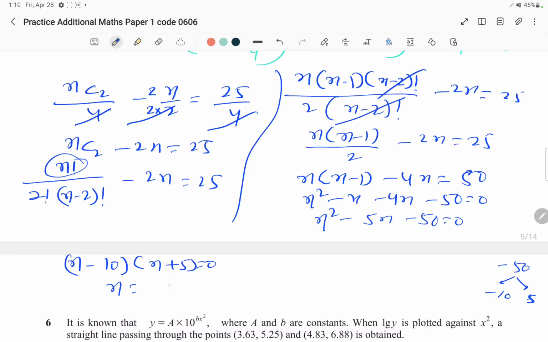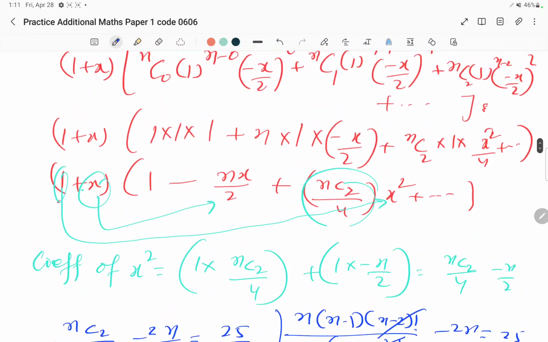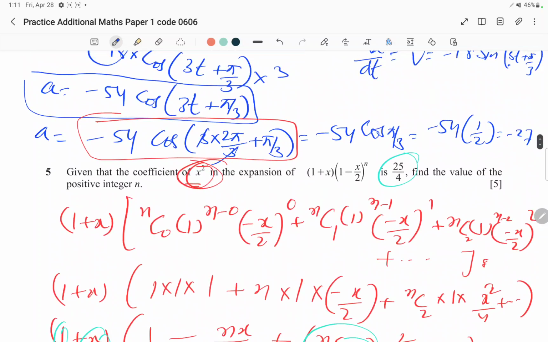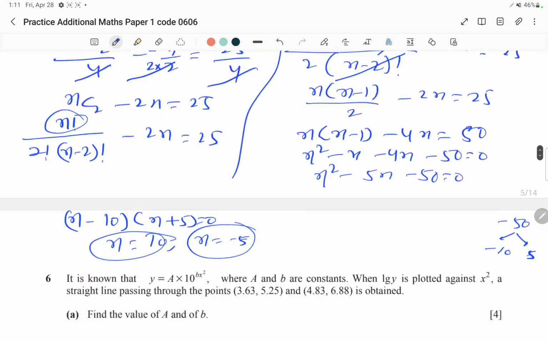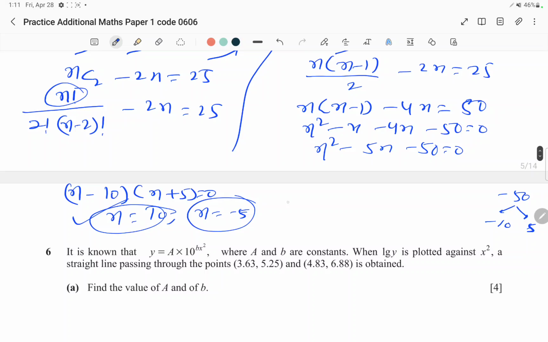So here n equals either 10 or n equals minus 5. Okay, right? So now n equals either 10 or minus 5. The important point is that here it's written positive integer n. So n should be 10 and n should not be minus 5 according to the question.